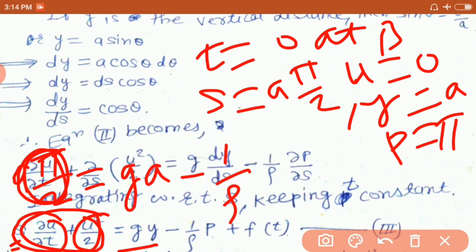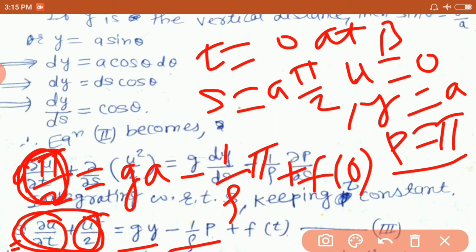And p, what about p? p is pi, so 1 by rho into pi, plus f of t is 0, so f of 0. So what we get? We get ga minus pi by rho plus f of 0.